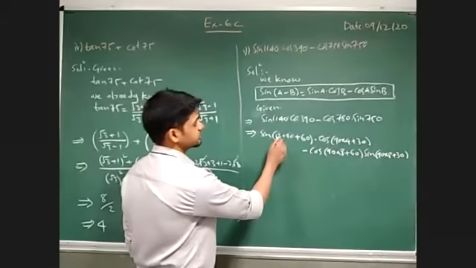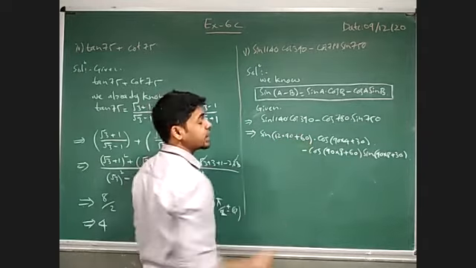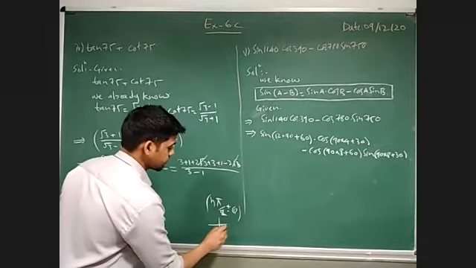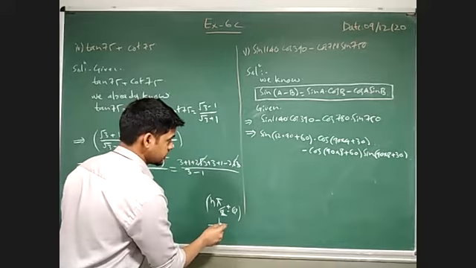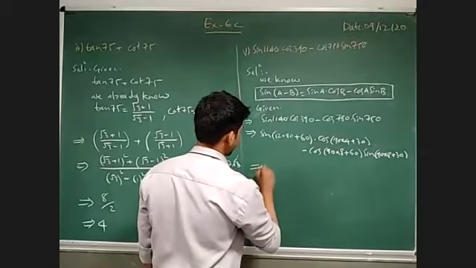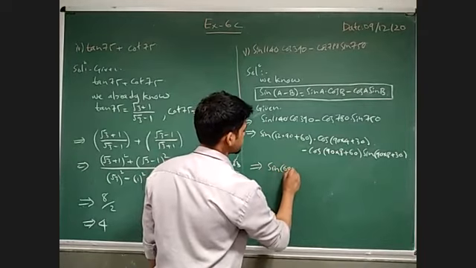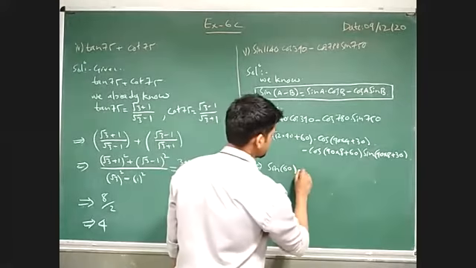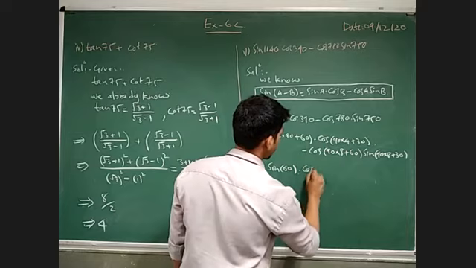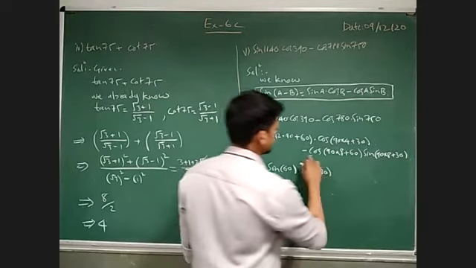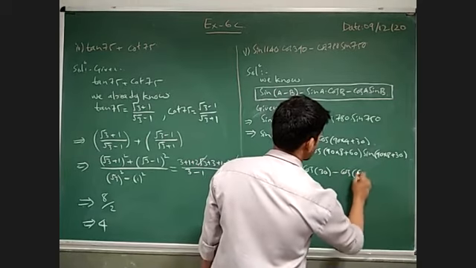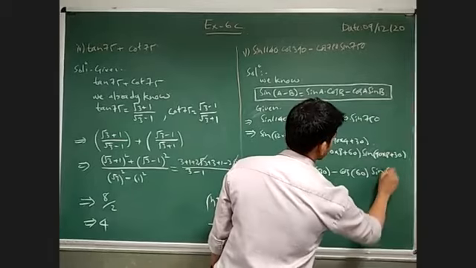So that means this theta is going to lie in the second quadrant, so here this will be sine 60, and then this will lie in the first quadrant, that will be cos 30, and here this will lie in the first quadrant, then here cos 60, and this will be sine 30.